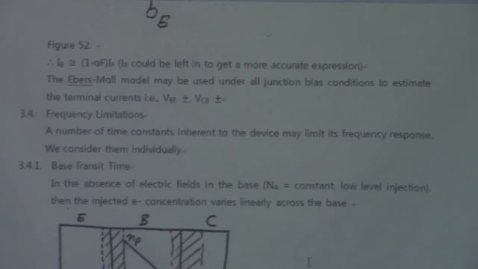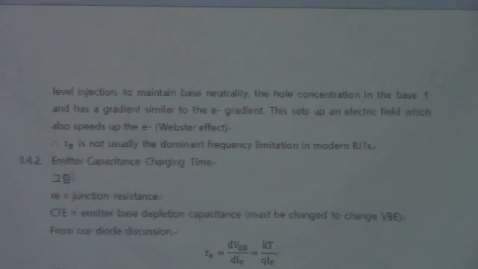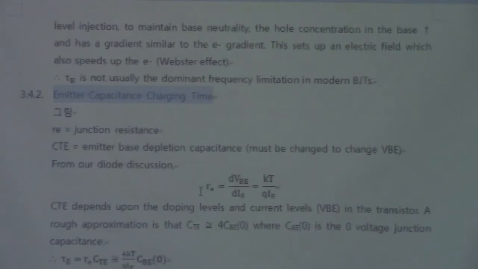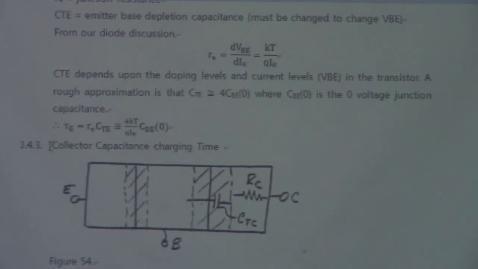The next topic is frequency limitations, and it has three frequency limitations. One is the base transit time, and the emitter capacitance charging time, and then the collector capacitance charging time, and it's all related to the RC delay.